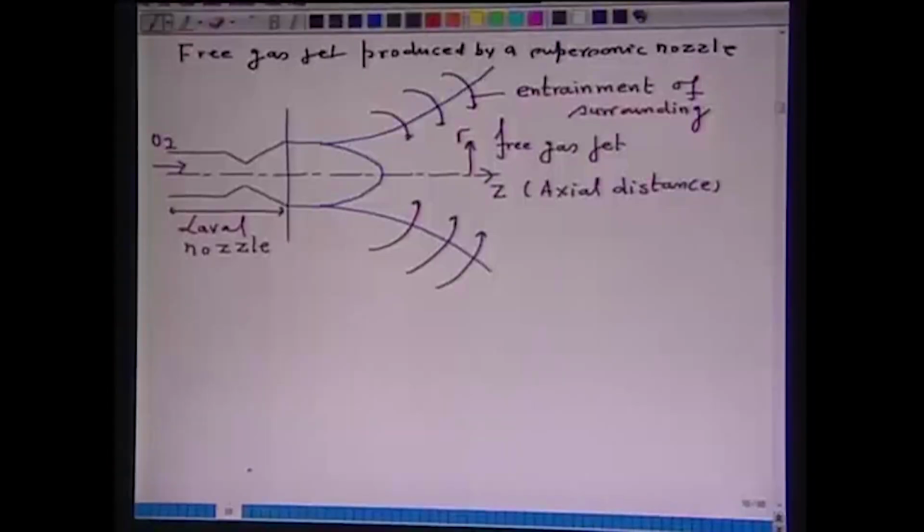So, this is the upstream of the nozzle, this is the downstream of the nozzle. If I say LP, this LP is the potential core or length of potential core.